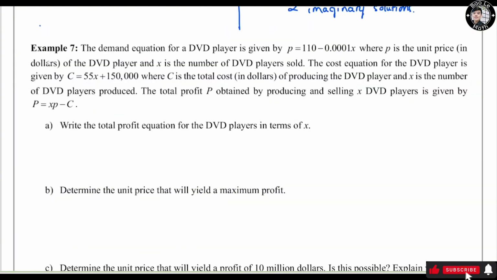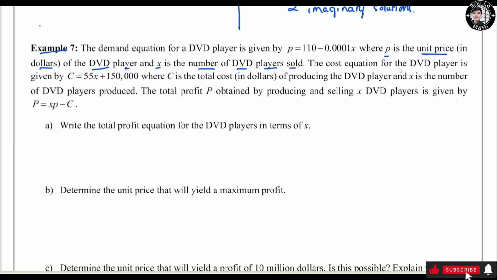Now let's move on to example number 7. The demand equation for a DVD player is given by p equals 110 minus 0.0001 S, where p is the unit price in dollars of the DVD player and S is the number of DVD players sold.